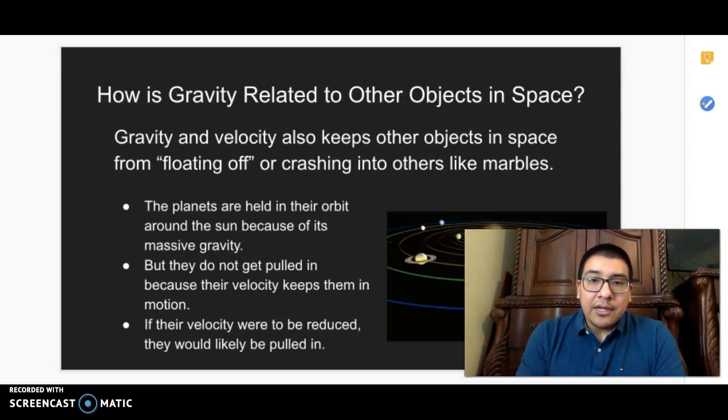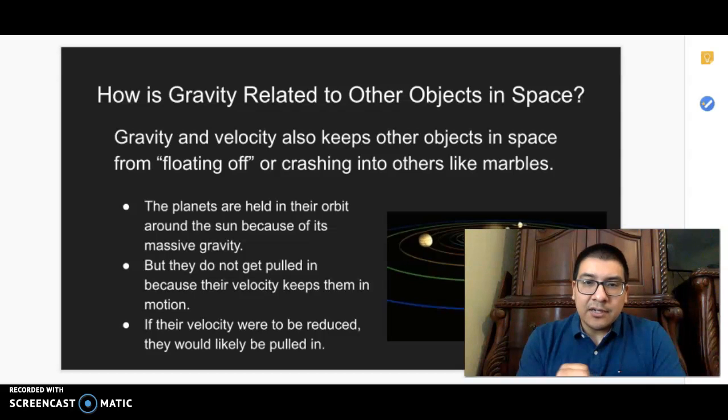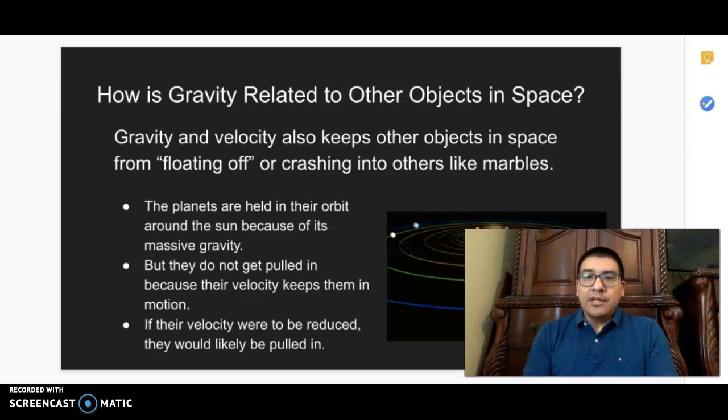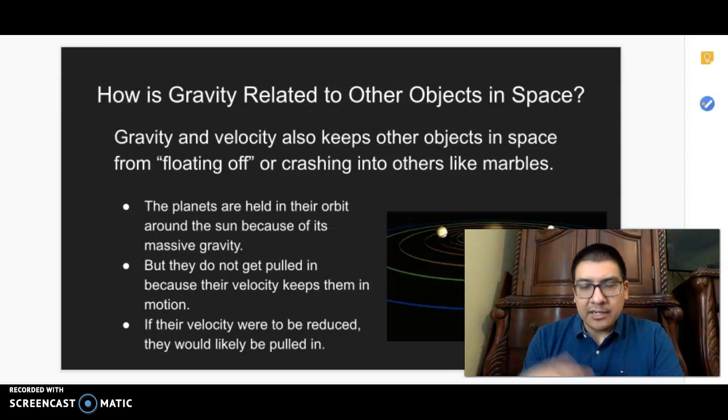So how is gravity related to other objects in space? Gravity and velocity also keep other objects in space from floating off or crashing into others, like an analogy, like a bag of marbles, say.